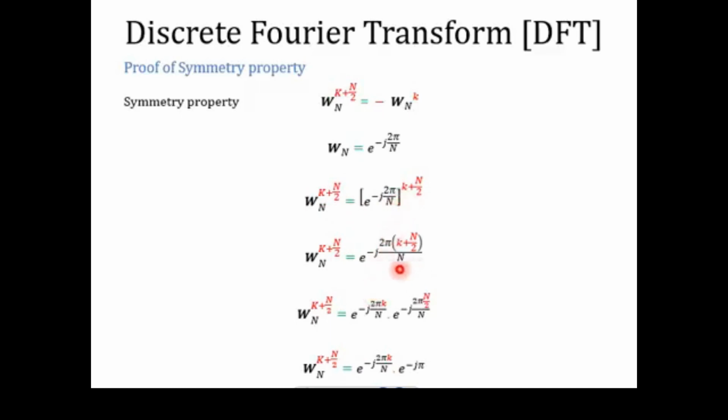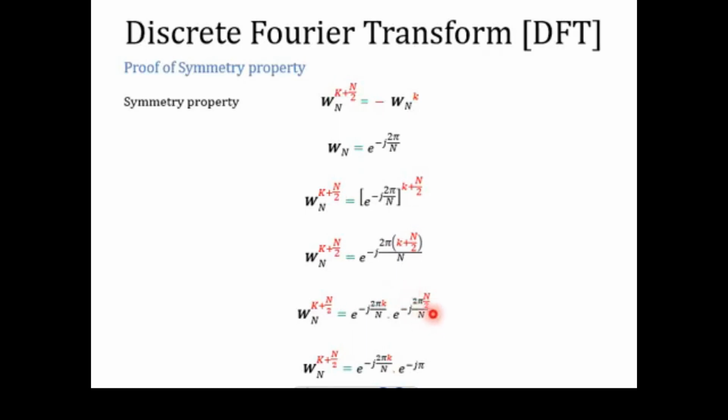So we will get these two terms in the complex exponential. The first term is exponential minus j 2 pi k over capital N, and the second term is exponential minus j 2 pi into N over 2 divided by N.